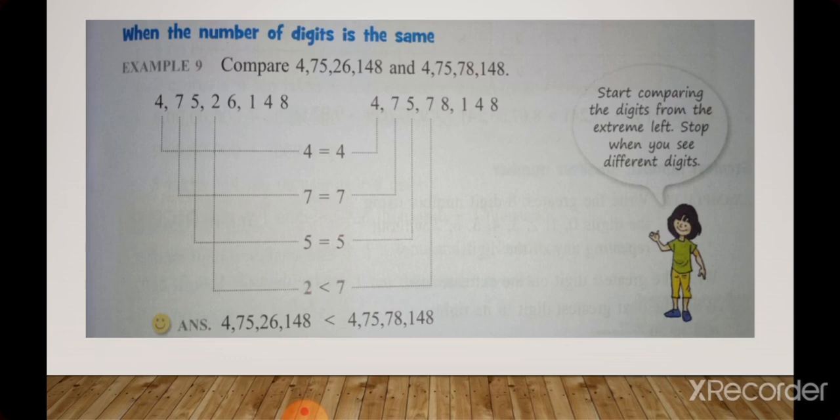Compare these two digits. Is 2 greater or is 7 greater? Yes, 7 is greater compared to 2. From this digit we can judge which number is greatest. So that's why the second number, 4,75,78,148, is the greatest number.